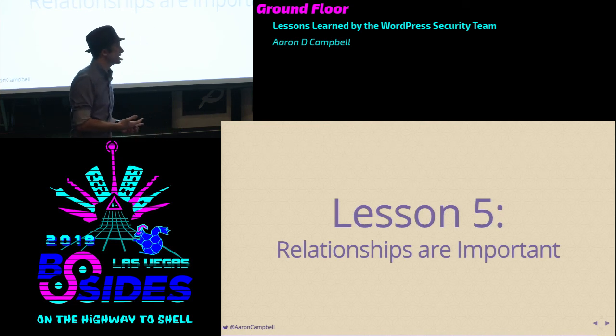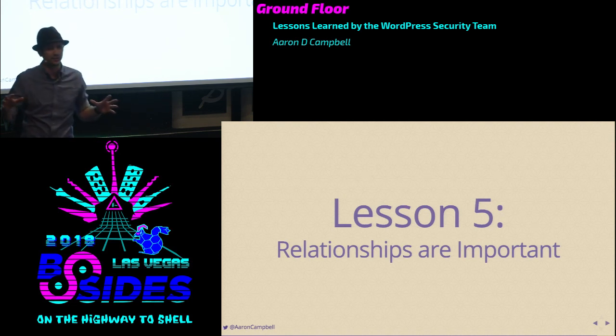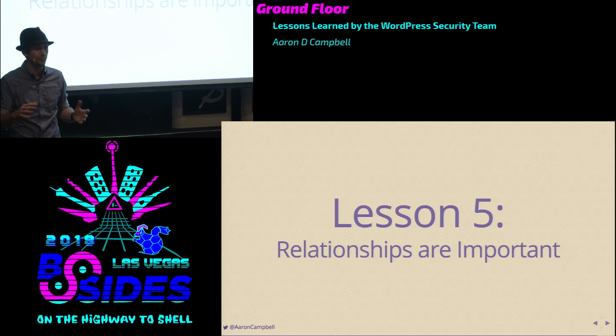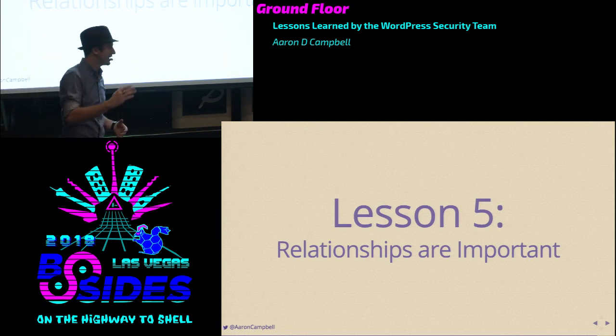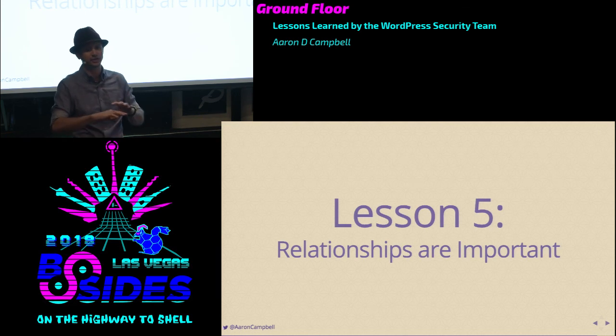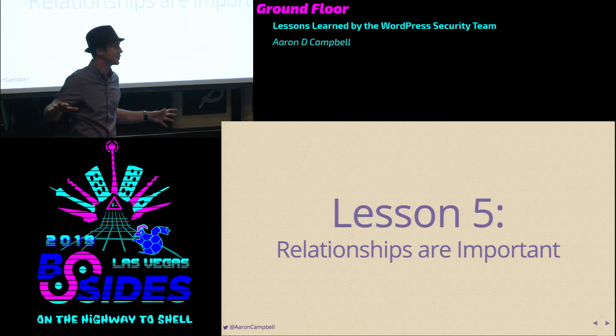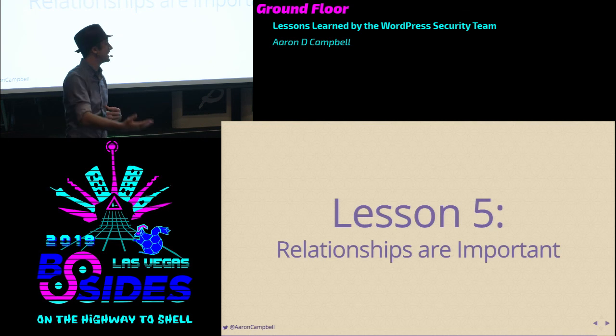By building these relationships, when we see a problem that could be mitigated at the network layer, we can get all the major hosts and companies like Cloudflare to start protecting millions of WordPress sites before we even push out any fix.